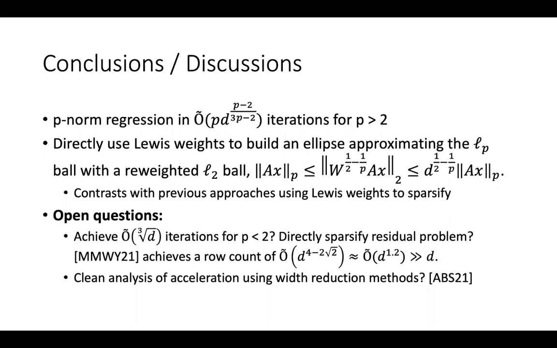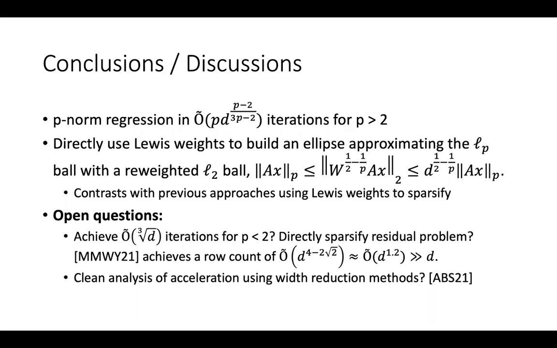In some recent work, some authors achieve a row count of O tilde of D to the (4 minus 2 root 2), which is like D to the 1.2-ish for P norm regression for P less than 2. But this is not all the way down to D, so they don't get the cube root D iteration count. So I think this is a very natural open problem that would give a very nice general picture for what's going on for P norm regression.